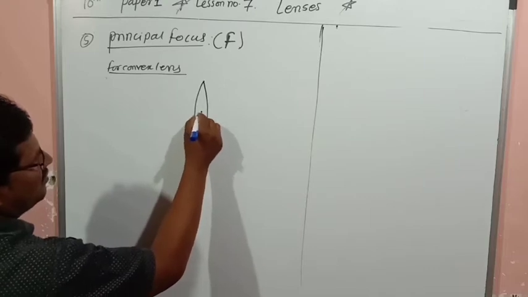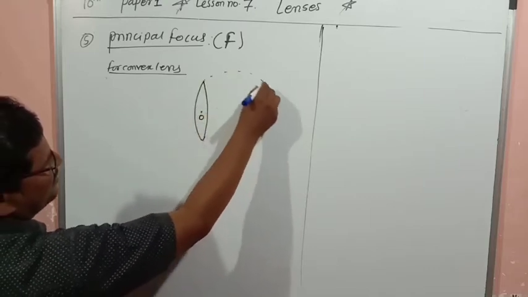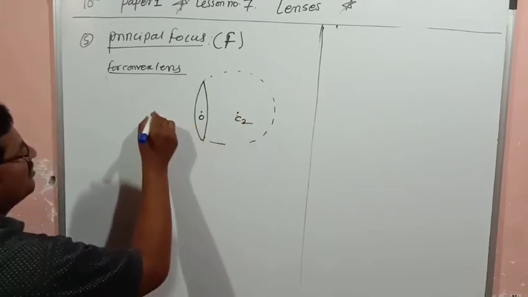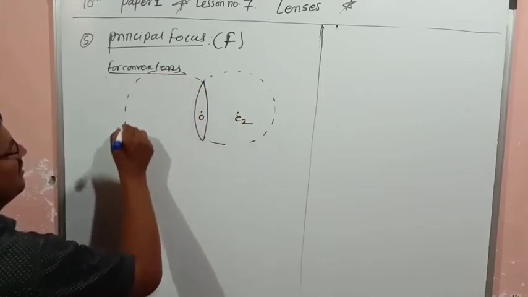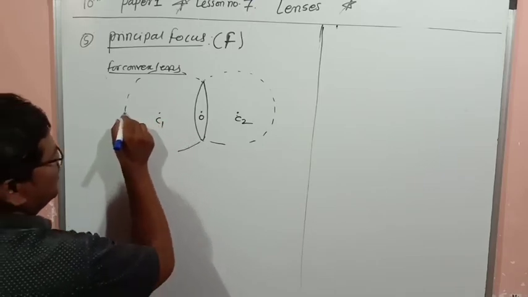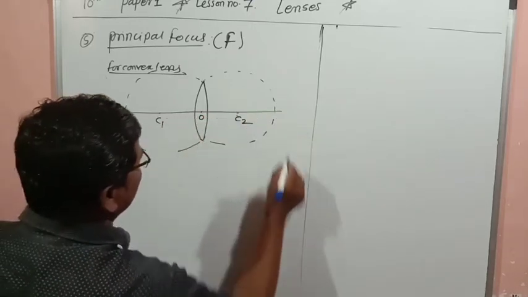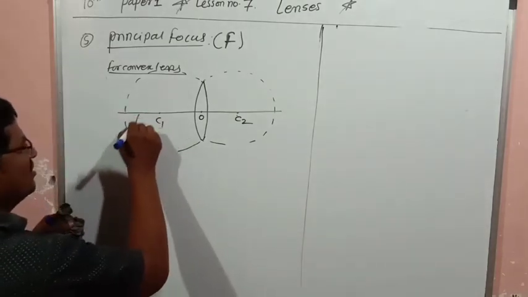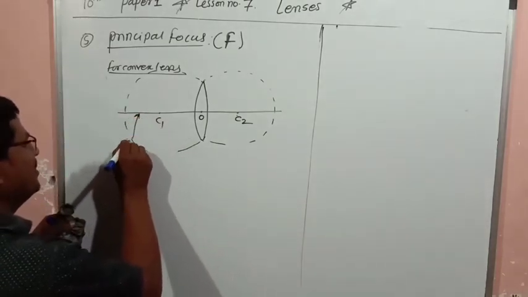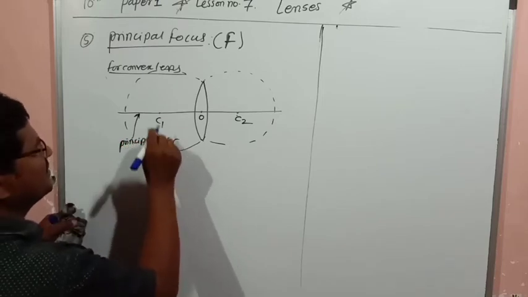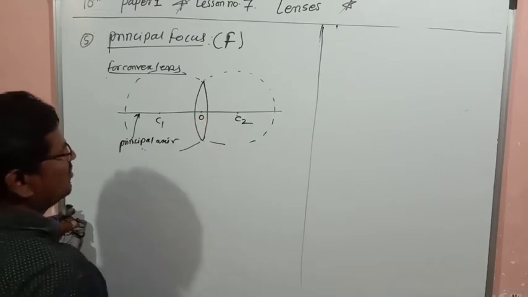Here will be the optical center. If you draw an imaginary circle, here will be C2. If you draw this side's imaginary circle, here will be C1. And now the line joining both and passing through the optical center will be the principal axis. Then this one will be the optical center.